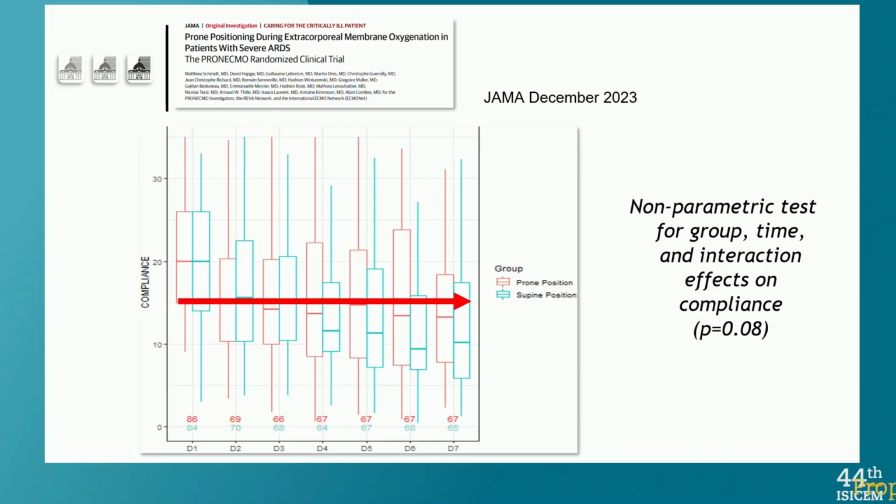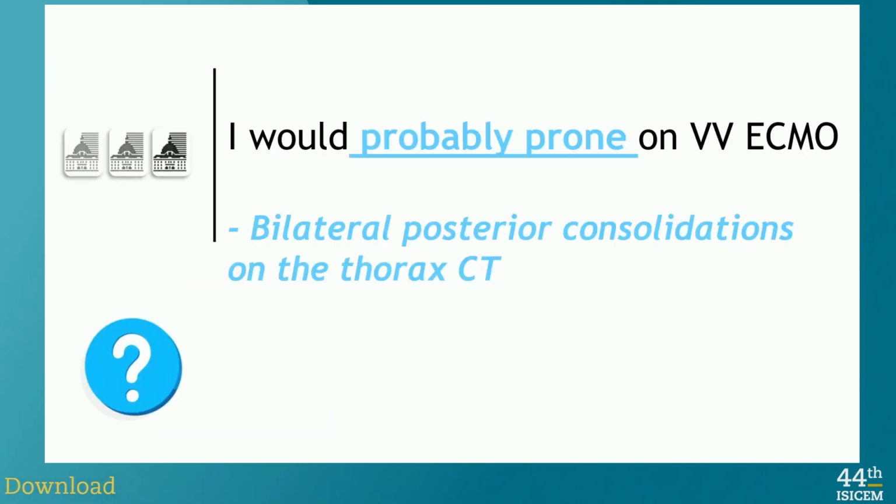For the patients who are on prone positioning, the compliance seems to stay stable. So obviously it's a secondary analysis and the p-value did not cross 0.05, but maybe in a disease where you expect a shorter ECMO duration, prone positioning may significantly impact the outcome.